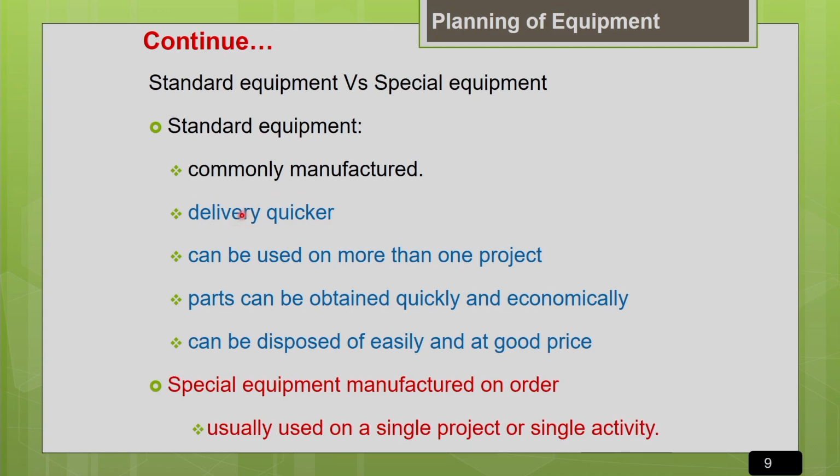Its delivery will also be quicker. If your equipment breaks down for some reason, the spare part availability will also be quicker. Another advantage is it can be used on more than one project. So your project will not get delayed due to non-availability of this machine or its spare parts, because these are commonly easily available.